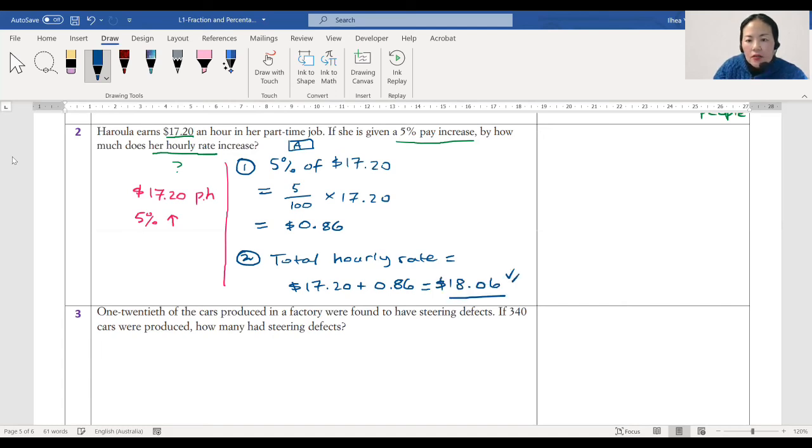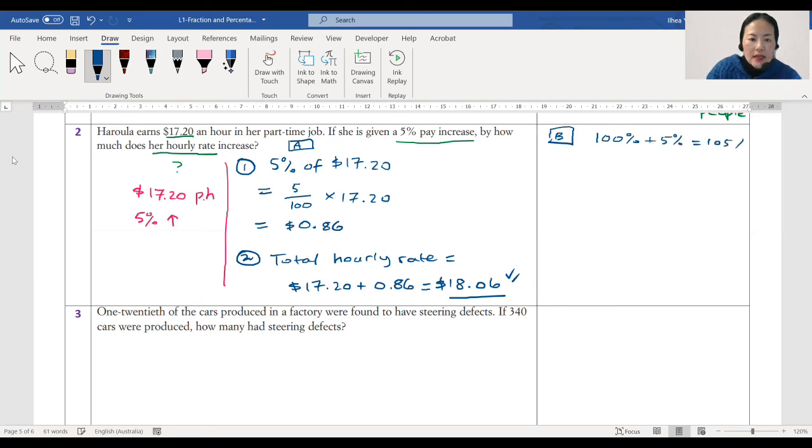But if I do a little bit different way, I think I can do it in one step instead of doing two steps, like finding 5% first and adding on to how much she was earning in the first place. Now, the second method is we are using 100% plus 5%, which is 105%.